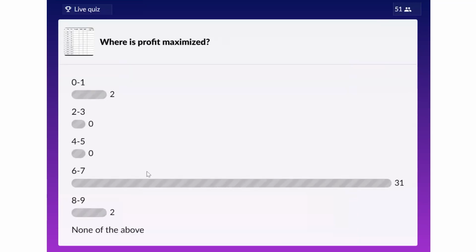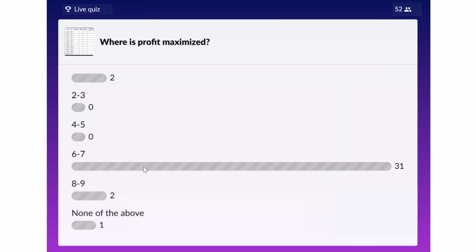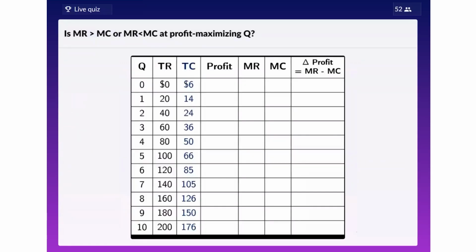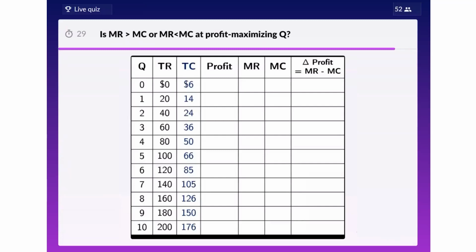Okay, so some of you say 1 to 2, some say 8 or 9, some say none of the above, but the majority of you say 6 to 7, and that is the right answer. The next one, is marginal revenue greater or smaller than marginal cost at this profit maximizing quantity?